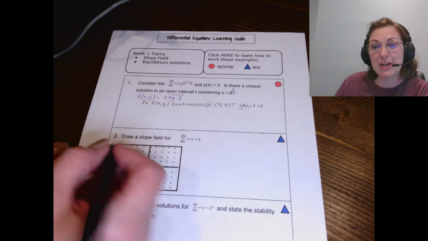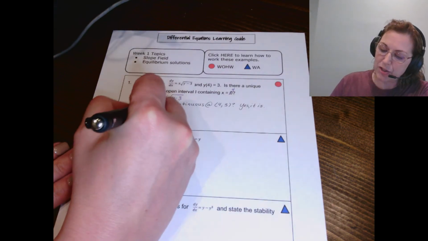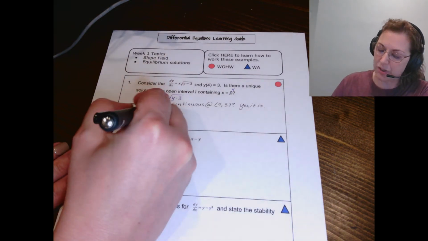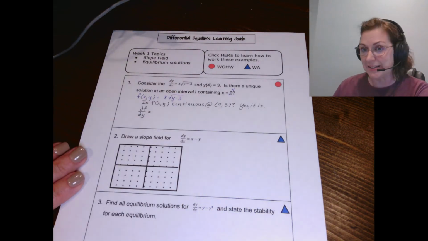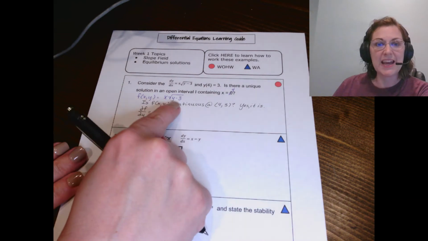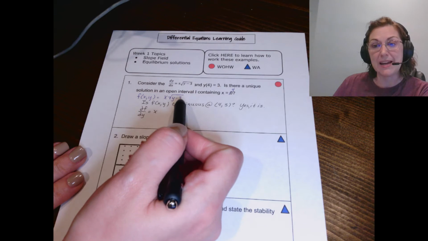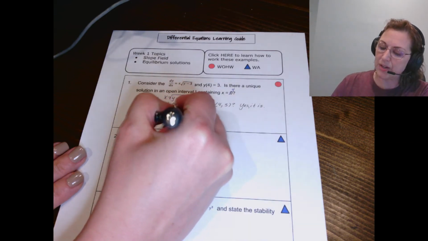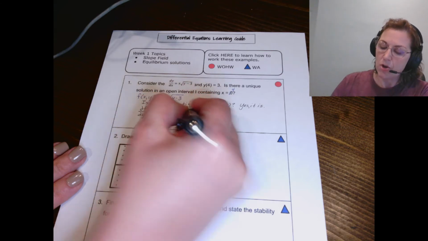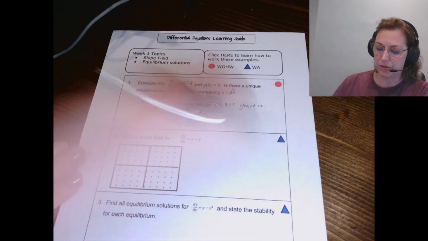The second criteria, we'll need to do a partial derivative. So we're going to take the partial derivative of f with respect to y. It means x is going to be considered a constant, so we'll leave x there. We take the derivative of the square root of y minus 3, so we'll get 1/2 times y minus 3 to the negative 1/2, or essentially, x over 2 square root of y minus 3.